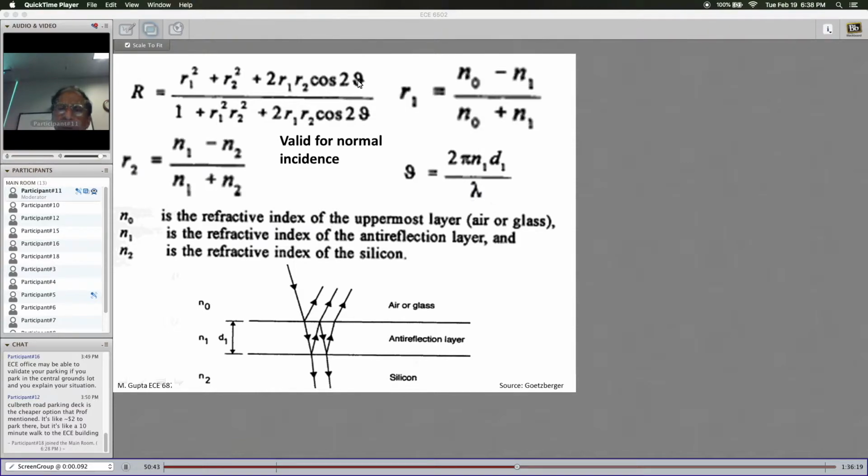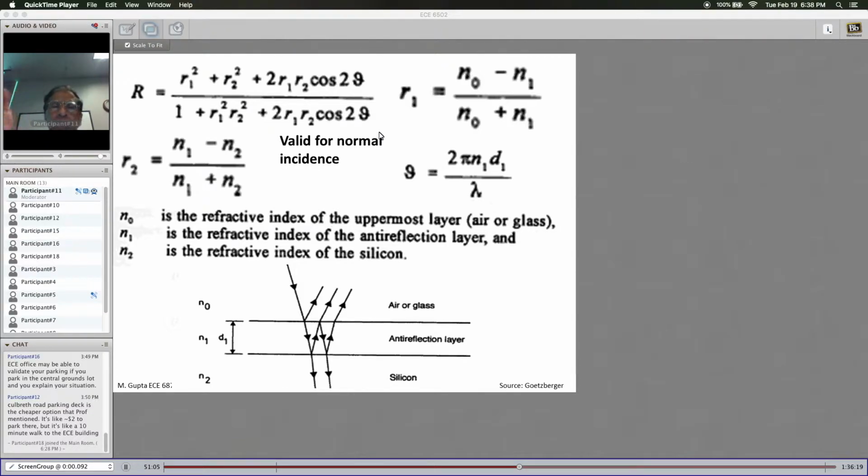And theta is the phase difference, and that's given by 2 pi n1 d1 over lambda. So this reflection expression has been derived using the electromagnetic interaction with the material.